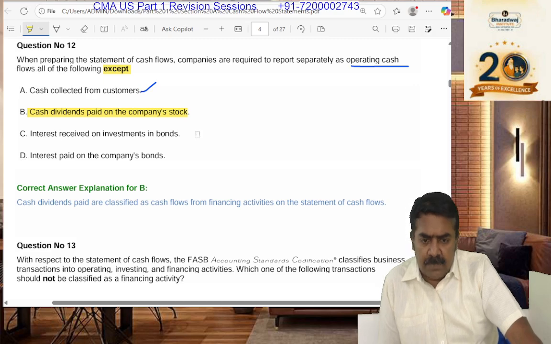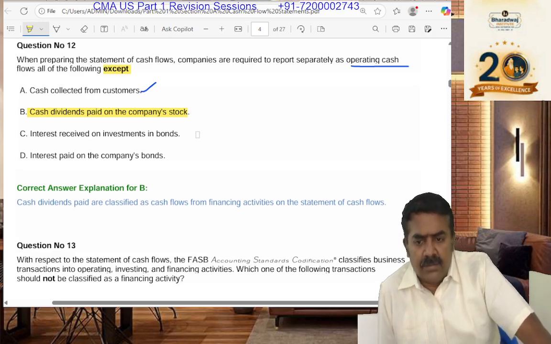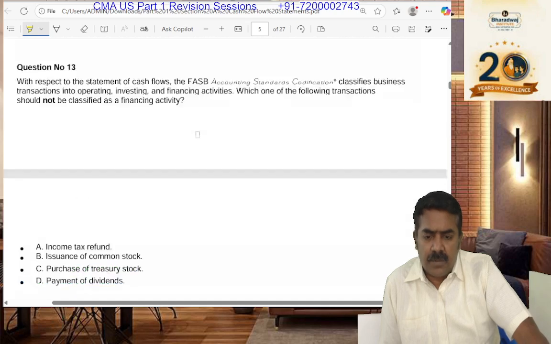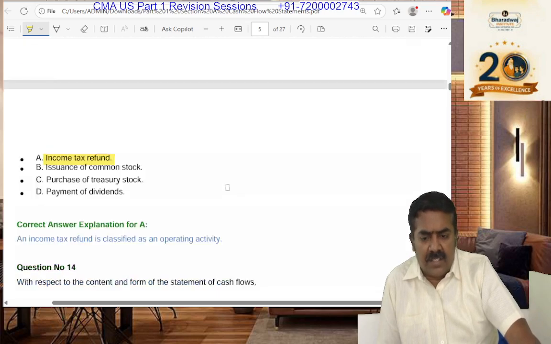Interest received, interest paid, all these are operating only. So which is the exception? B. Number 13. Which is not a financing activity? Income tax refund is an operating activity, not a financing activity.